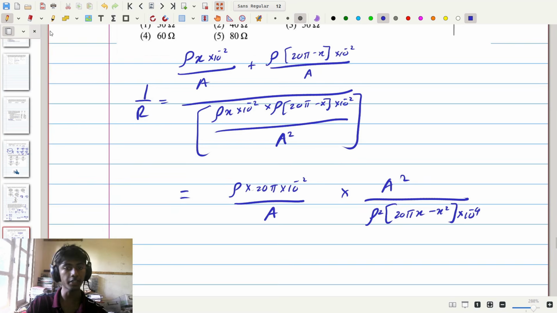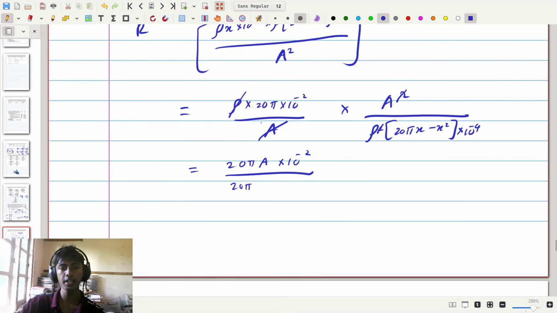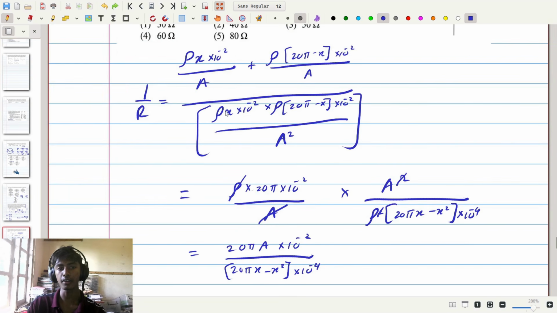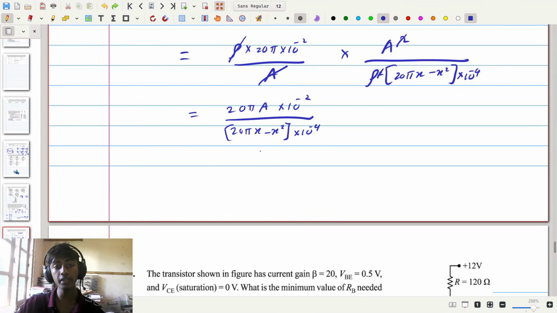So we get this expression right here, and we can see if we cancel out this a and a here, and this rho and rho here, we will get 20 pi times a times 10 to the minus 2 divided by 20 pi x minus x squared times 10 to the minus 4, and that's equal to 1 over the resistance R.